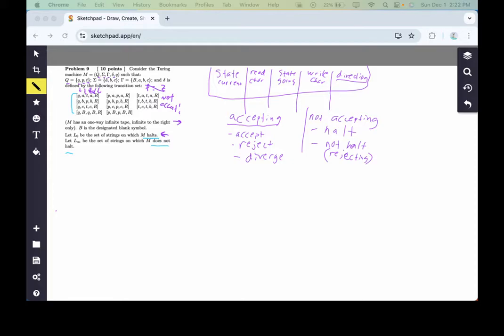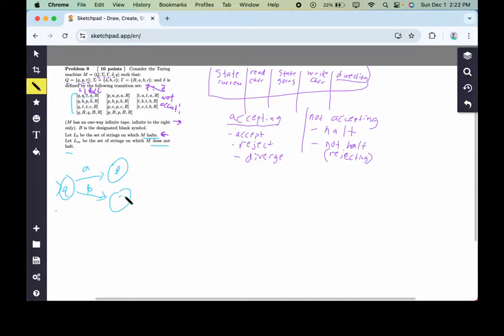I have 4 choices here. If I read an A, I write an A and I go to state T. If I write a B, I go to state P. If I write a C, I also go to state T. And then if I do, I could also halt here in the sense that I draw a blank.